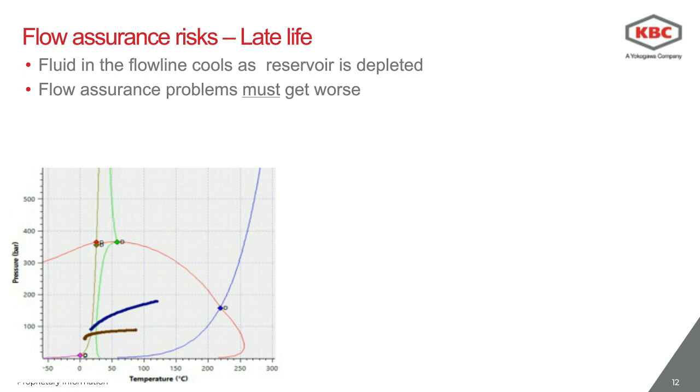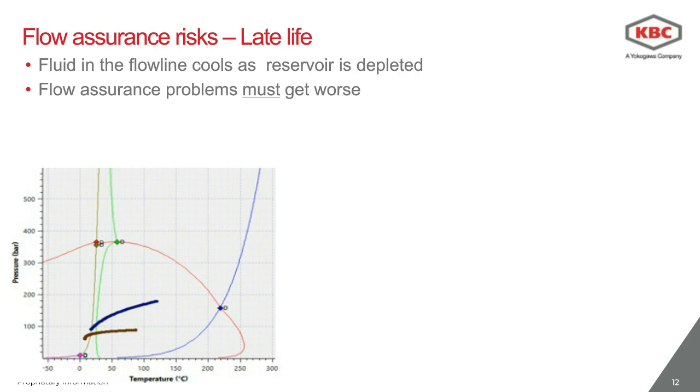So we can simulate the scenario of the late life, and as expected, the pressure in the flow line, the two dotted lines, in blue at the beginning of production, and in brown the end of production scenario, compared again with the phase diagram.